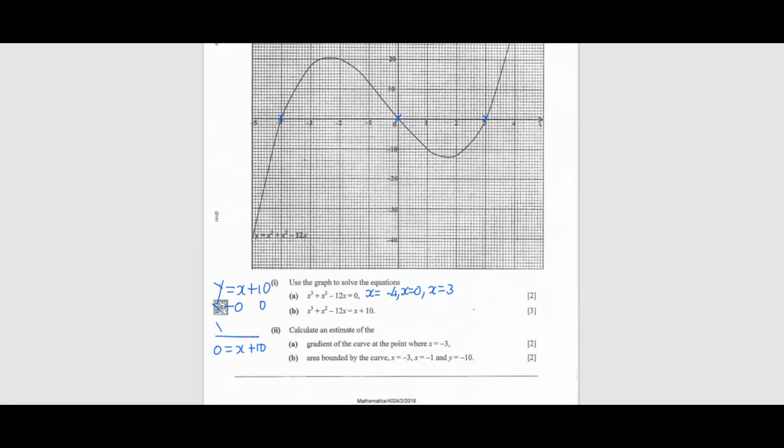So let's not use it. Let's change it. Sometimes you start from 0, and if 0 doesn't give you points that are within the curve, you try to change.